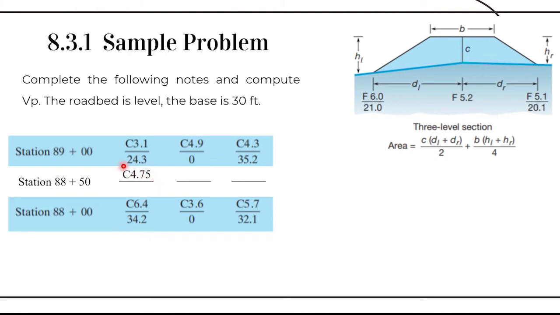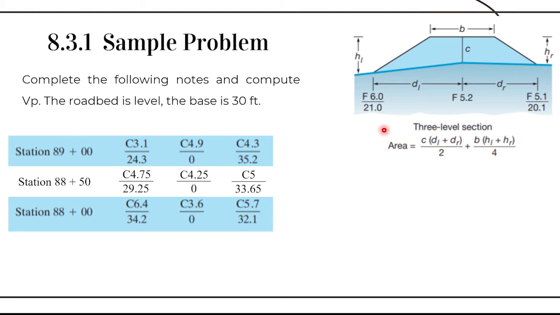Now we get the average of the width by adding 24.3 and 34.2, which gives us 29.25. So we get the average for the center and the right component: 4.25, 0.5, and 33.65.